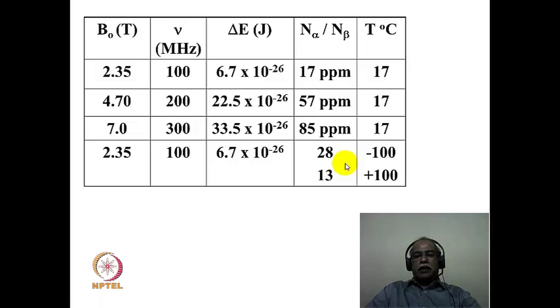So it is advantageous to measure the NMR spectrum at a lower temperature compared to higher temperature. However, you can see here the advantage gained by this experiment is not so high. It is only about twice as much sensitivity increase as in the higher temperature, for example. So one always opts for increasing the frequency of the spectrometer, or going to higher and higher resolution spectrometers, where the sensitivity is also higher.